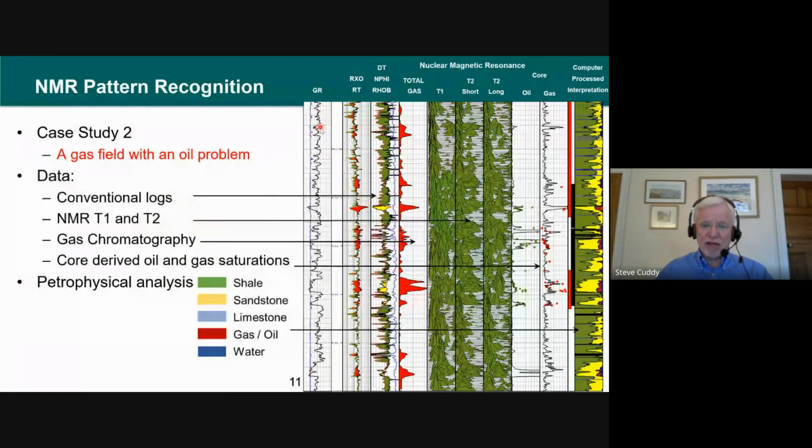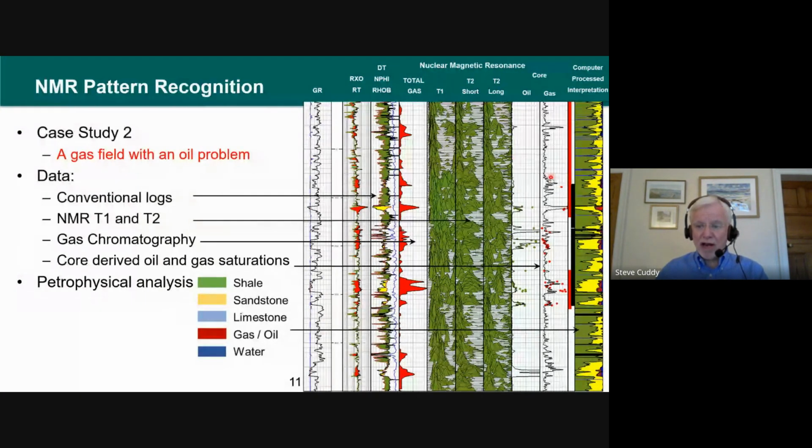On the left, we've got the gamma ray, we've got resistivity logs, we've got density and neutron on compatible scales. Where it's green, it's shaliness, and where it's yellow, it is clean sands. We've also got the total gas whilst drilling the well, which is that essentially free measurement.